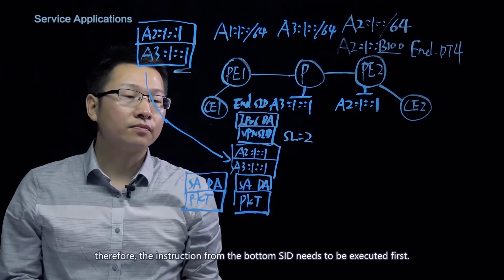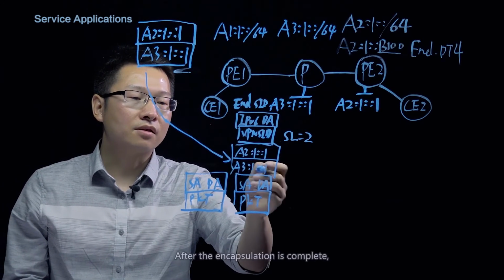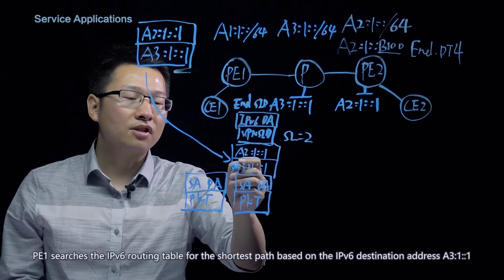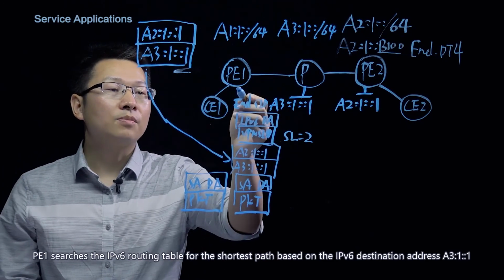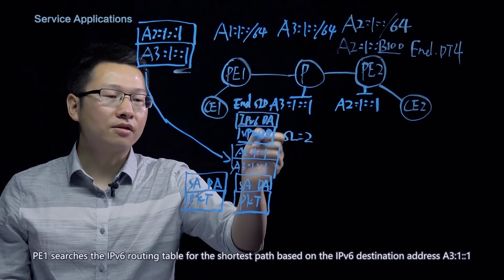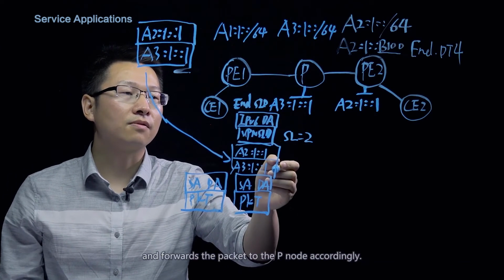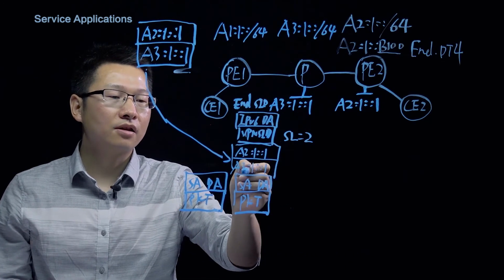Therefore, the instruction from the bottom SID needs to be executed first. After the encapsulation is complete, PE1 searches the IPv6 routing table for the shortest path based on the IPv6 destination address A3:1::1 and forwards the packet to the P node accordingly.